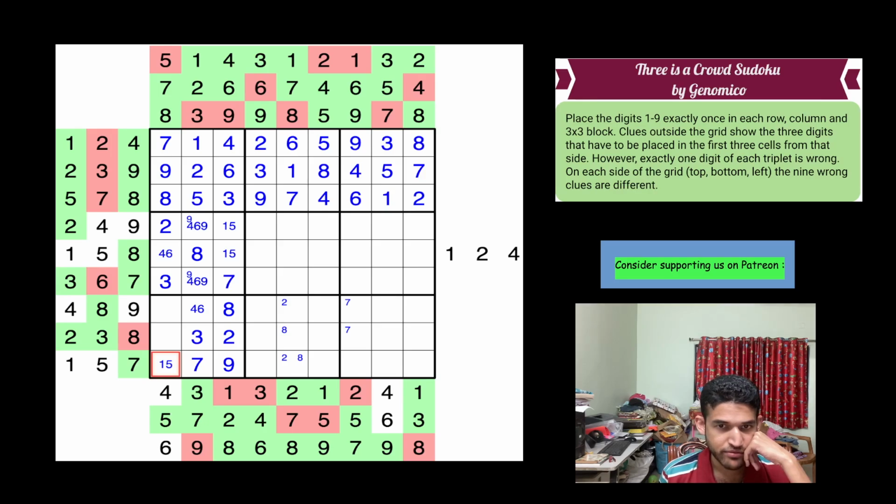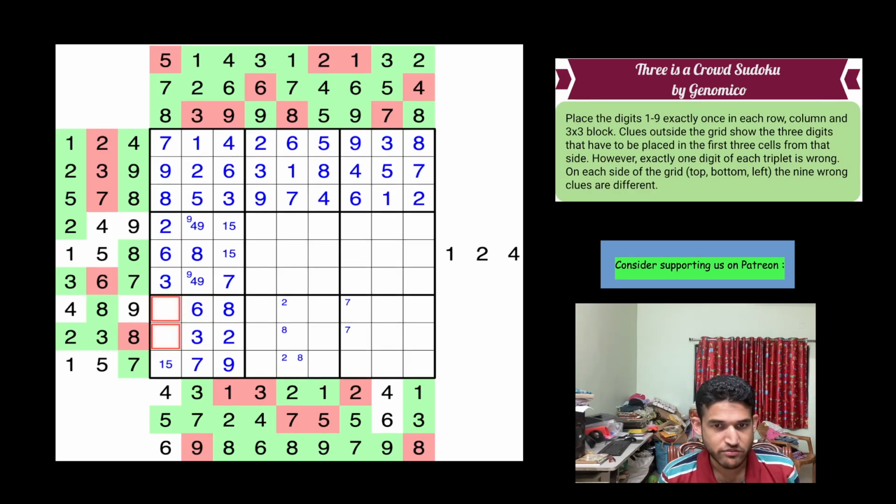Now you have 1 incorrect digit already for these 3 cells. So this has to be from the correct digit, 4 or a 9. Cannot be a 6, so 4 or a 9. And 6 is incorrect here, so this cannot take a 6. That's really subtle again. That's 4, 9. So this is a 6, which means this is a 6.